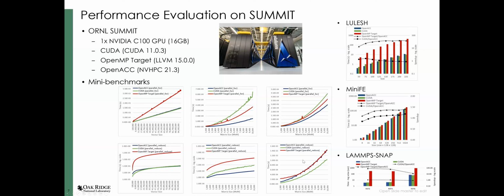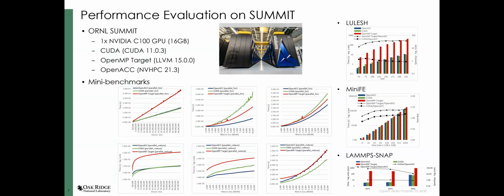In this slide, I'm focused on performance analysis. We have used one node of the Summit supercomputer. Summit, I think, is today the number 5 fastest supercomputer, if I'm not wrong. For the performance evaluation, we have used different backends.